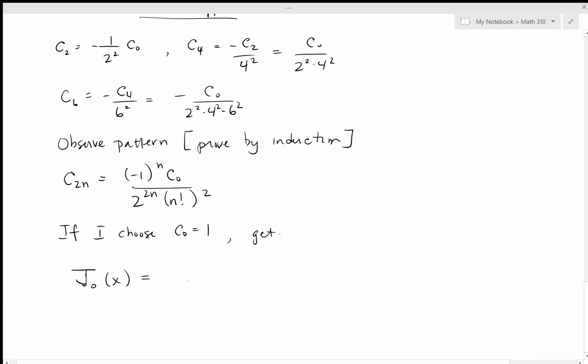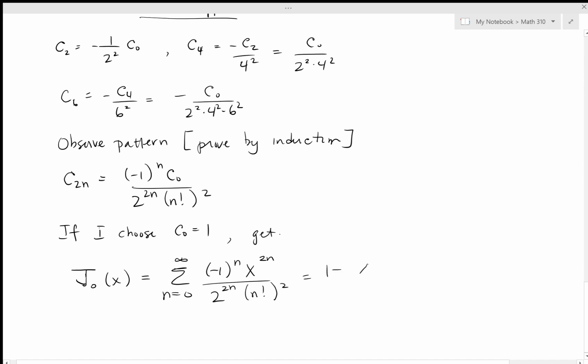The sum of n equals 0 to infinity of minus 1 to the n x to the 2n divided by 2 to the 2n times n factorial squared. And I can write out the first few terms of that, see what it sort of looks like.